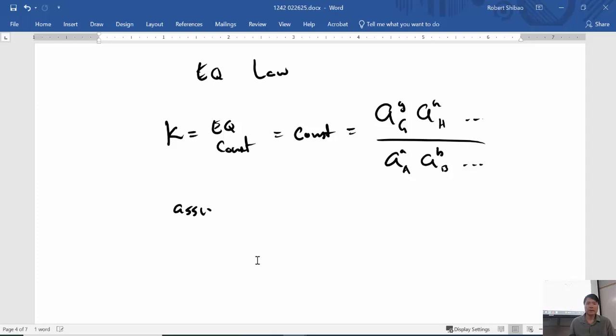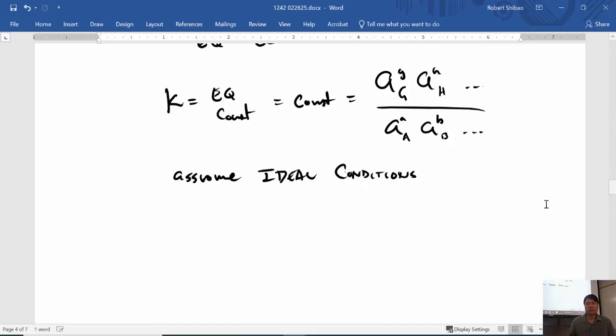If we assume ideal conditions, then what we're going to do is simplify this law. And that is, if we have all solutions, let's say A aqueous plus B aqueous, dot, dot, dot.